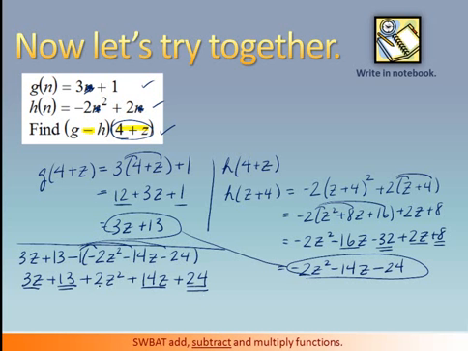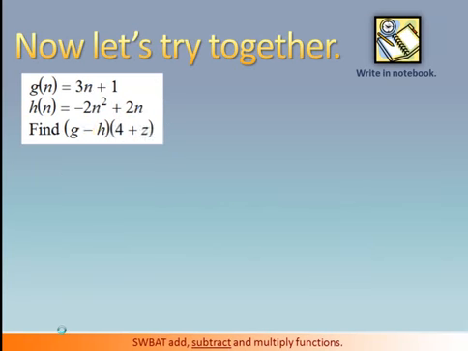This one didn't have a like term, so I'm going to carry it down. 2z squared plus 17z. 13 and 24, that's going to give me 37. So this is my final answer. Right? So I had to find each one separately, and then I'm taking the difference of the two to get my final answer. Okay, let's go ahead and try another one.